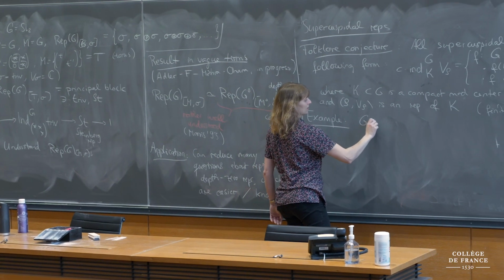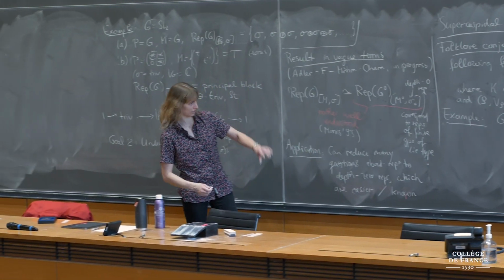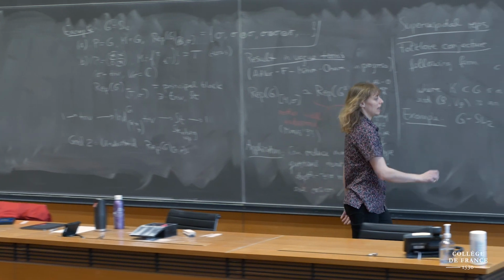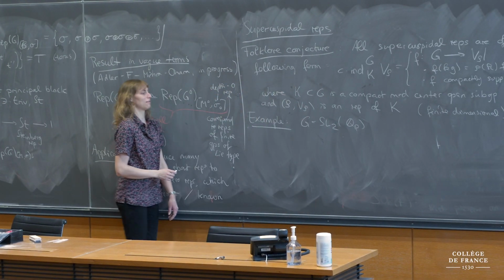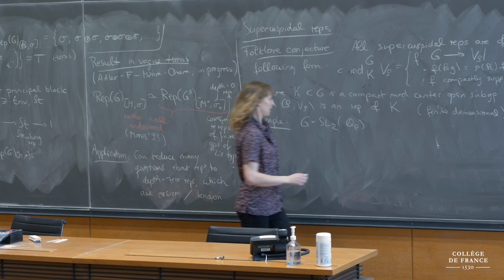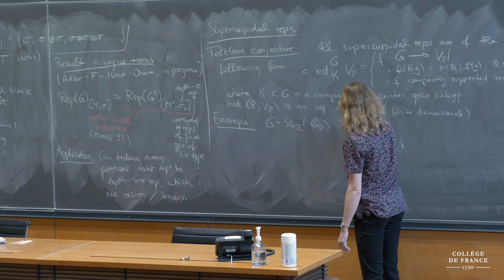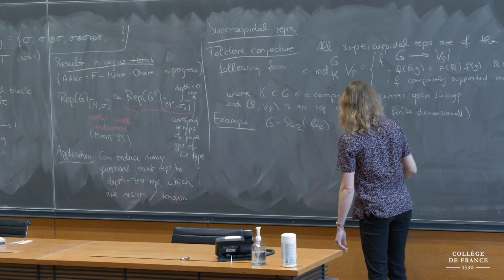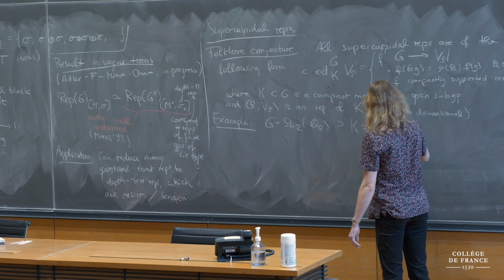Here's an explicit example. Let's take G equals SL2. It's my favorite example for the blackboard because it's something you can actually write down on the blackboard. Let's say SL2 of Q_p. Feel free to take any other p-adic field you like. And I need a compact subgroup. I take the subgroup that contains plus or minus the identity.